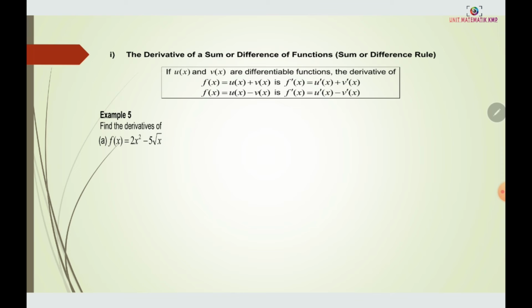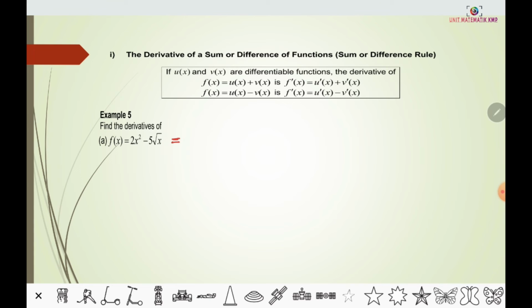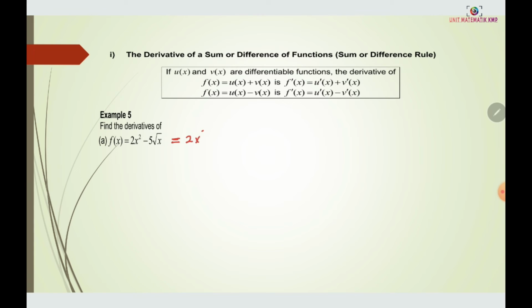Okay, so let's try this example. We have f(x) equals 2x squared minus 5 root x. First we change root x in terms of power. So we know that root x is equal to power of 1 over 2. So we have 2x squared minus 5x power of 1 over 2.